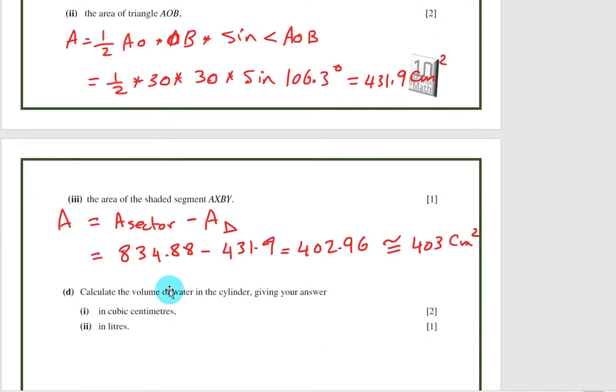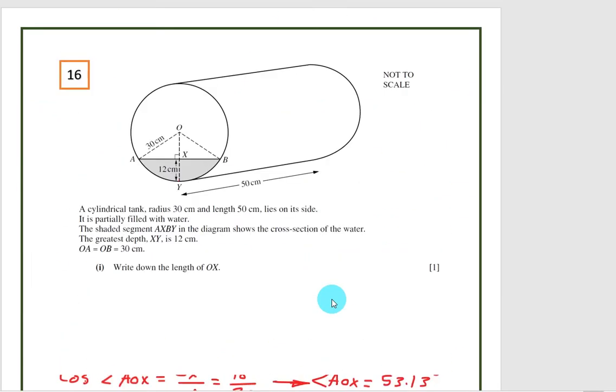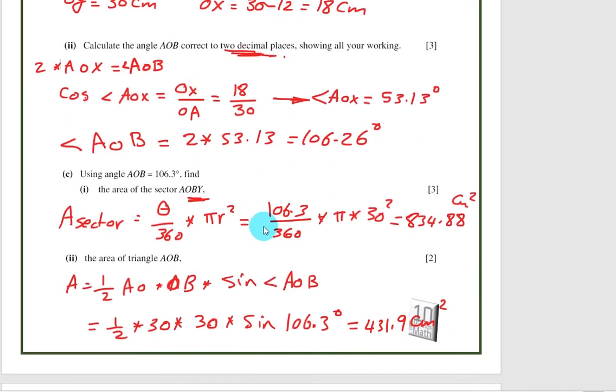Okay. Calculate the volume of the water in cylinder. Give your answer in cubic centimeter and in liter. The volume of the water will be equal to the area by L. So it will be 403 multiplied by L. L is 50 centimeters.